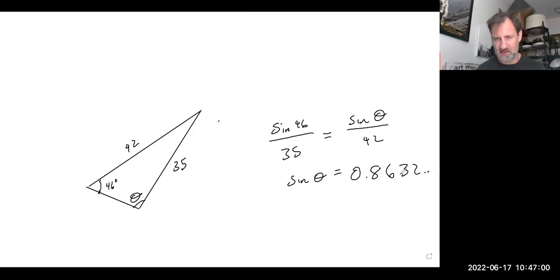This, of course, is not the angle. This is the sine of the angle. So now I can use the inverse sine of 0.8632 to find out the angle.